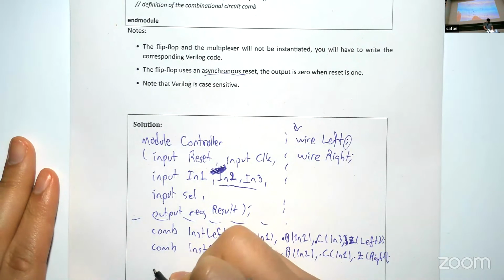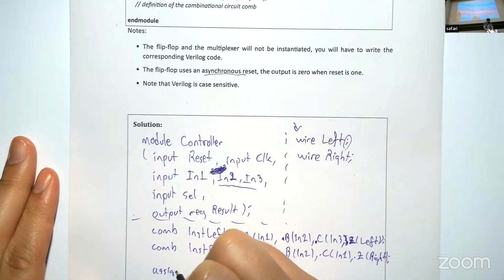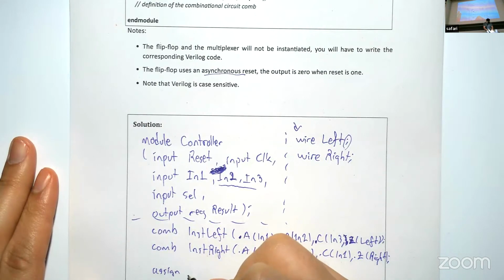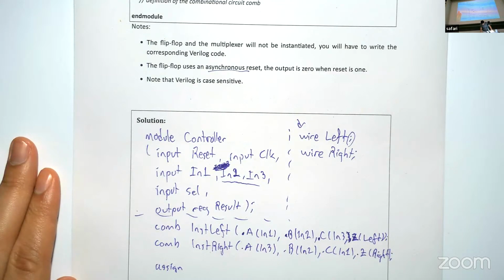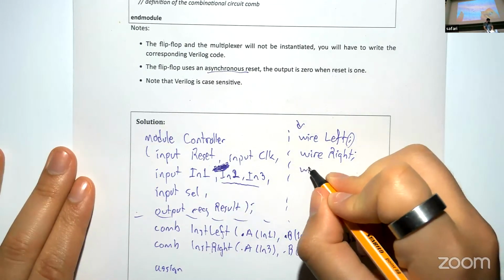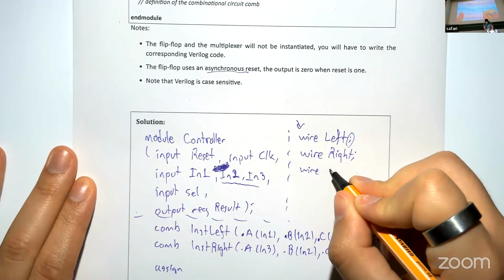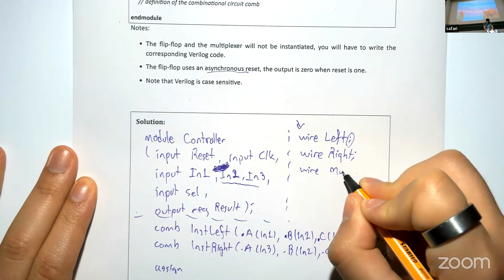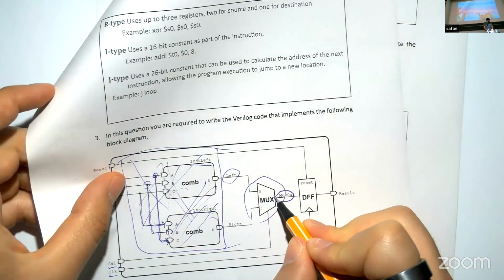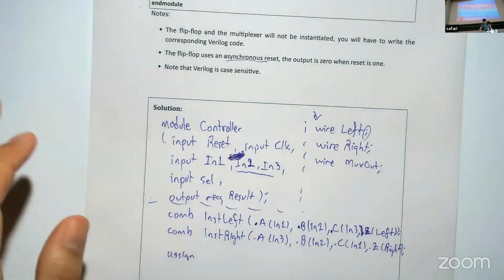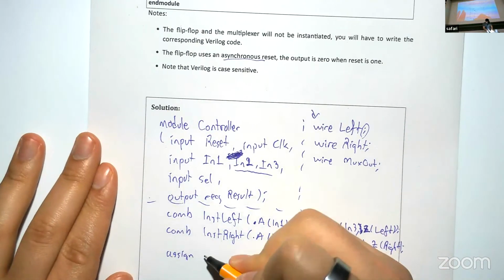I already started with assign, so that means I have to define another wire here. That's going to be mux output, again based on this signal name here. So we'll assign to mux out.